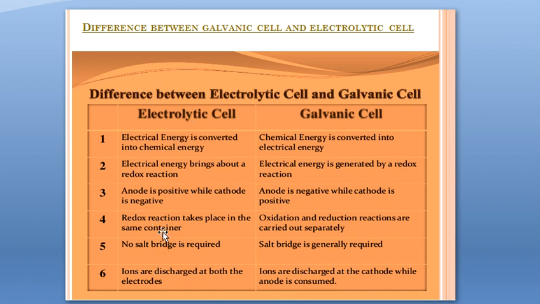Now electrolytic cell में we take just one container, redox reaction उसी में होती है, and as you saw just now that galvanic cell में हम separate oxidation करते हैं and reduction. We have a separate oxidation half, we have a separate reduction half. We don't need a salt bridge in an electrolytic cell, right? We need a salt bridge to maintain electrical neutrality in galvanic cells. Now in an electrolytic cell, ions are discharged at both the electrodes.